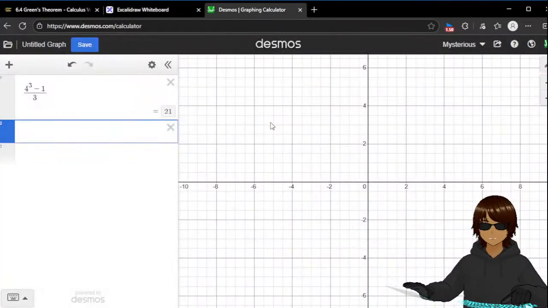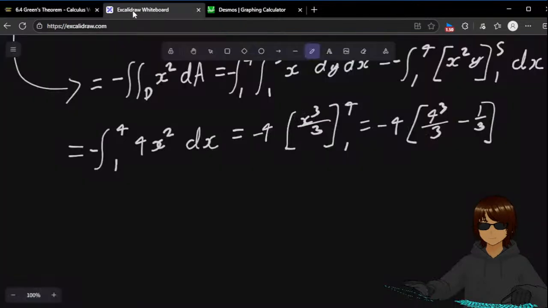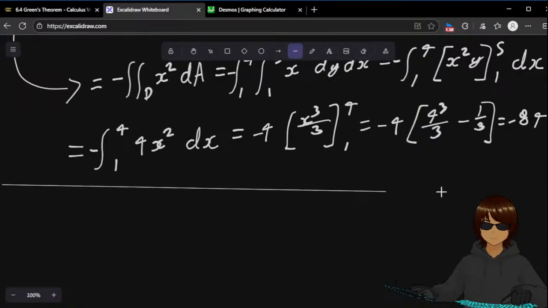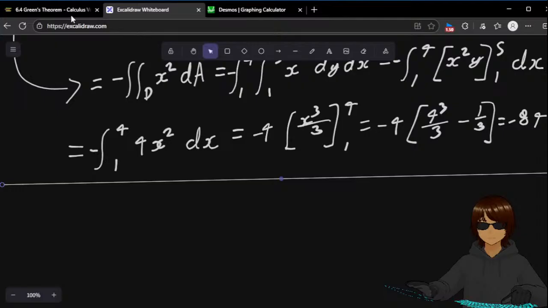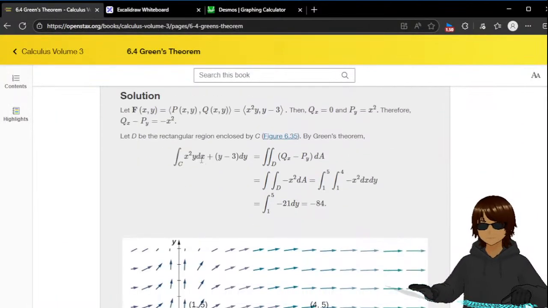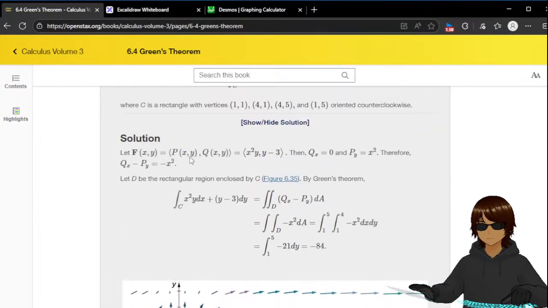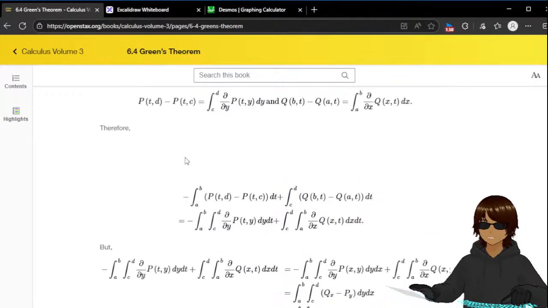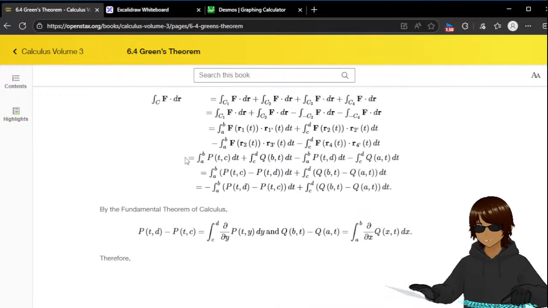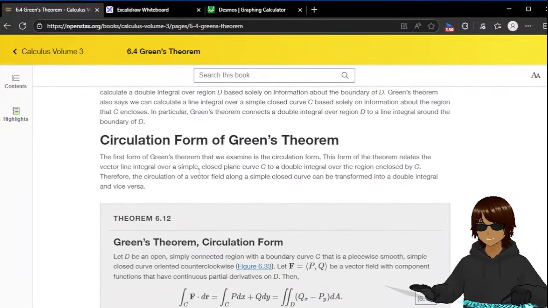And 21 times 4, so it's minus 84, right? So this only works when it's not conservative, right? Otherwise, if it is conservative, then the thing would be 0.